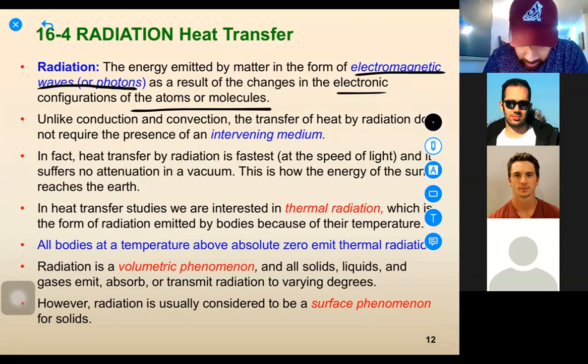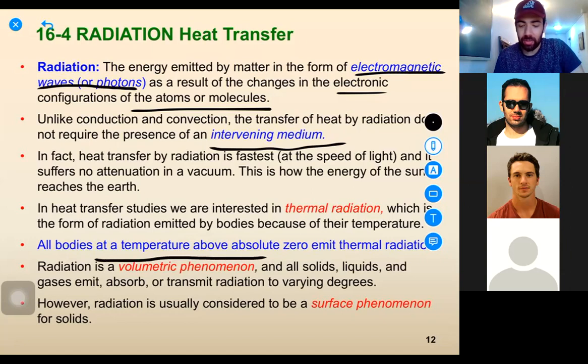So it says it doesn't need any intervening medium in between. Any other points to be mentioned out here? Yeah, we have to know that all bodies that have temperatures over absolute zero (absolute zero means 0 Kelvin) emit thermal radiation, basically.